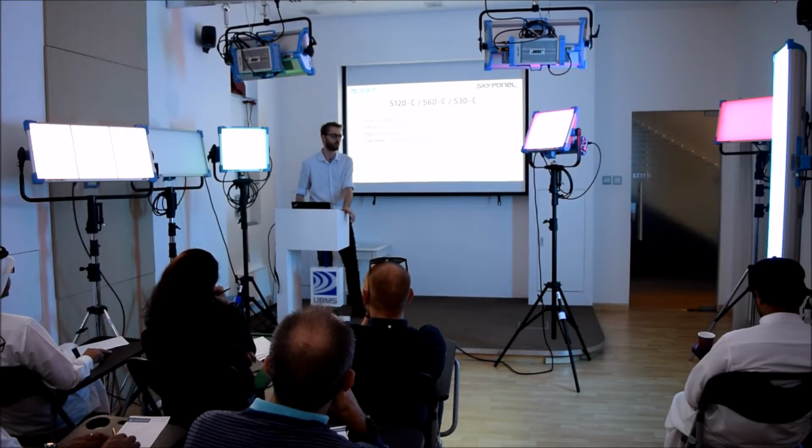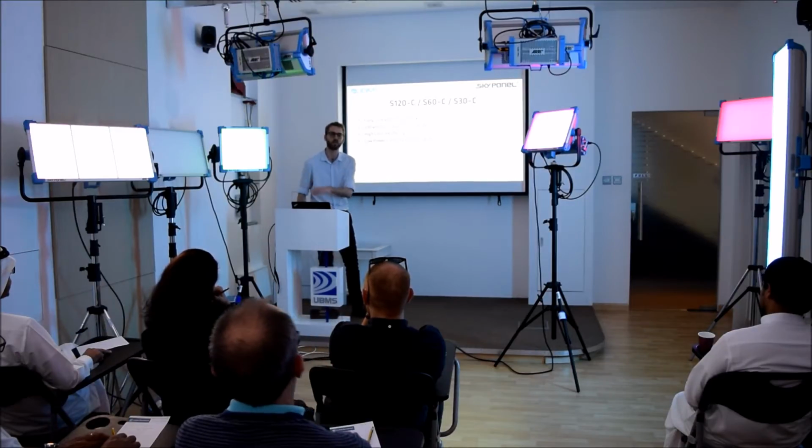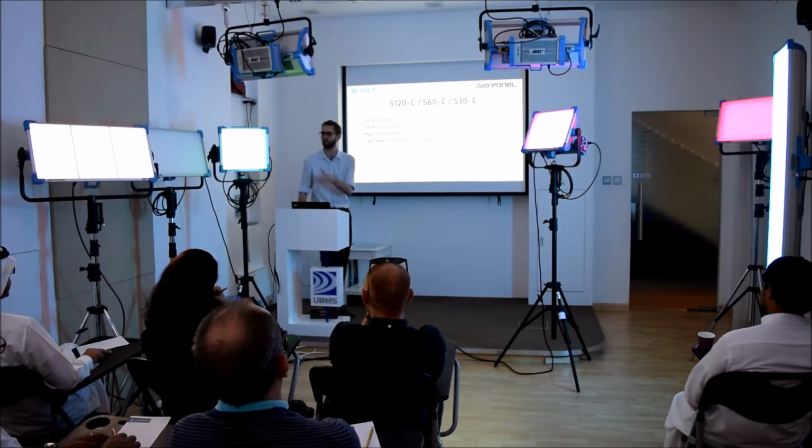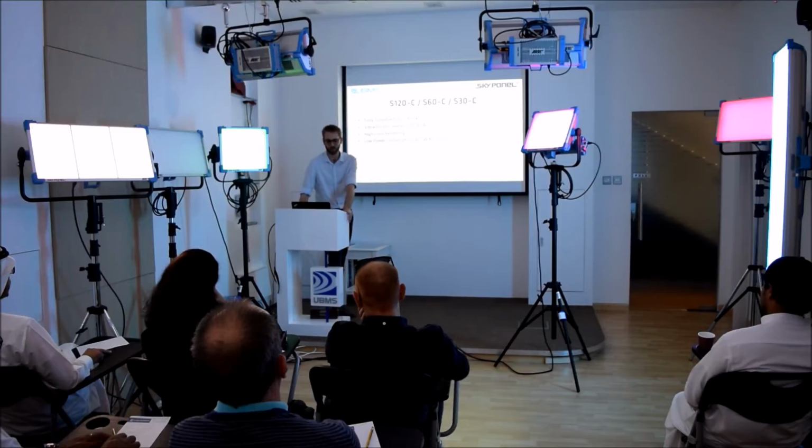You don't want to put more than 2,000 watts on a single domestic circuit, or you're going to start tripping circuit breakers. With these, you can plug in almost as many as you want, within reason, even to domestic power, and you're not going to start tripping circuit breakers. With tungstens and HMIs, if they're big lights, you really need to be on a generator. So, low power consumption.